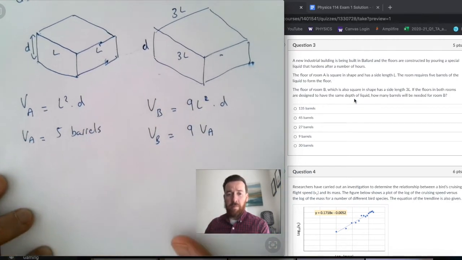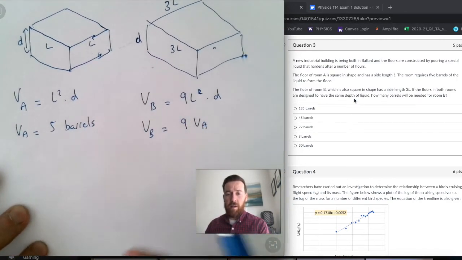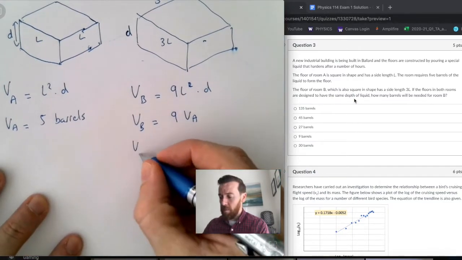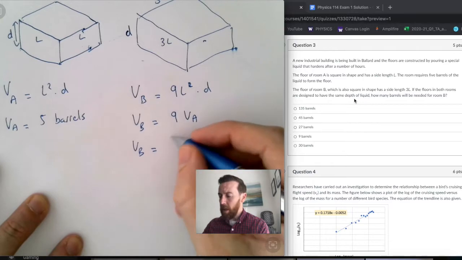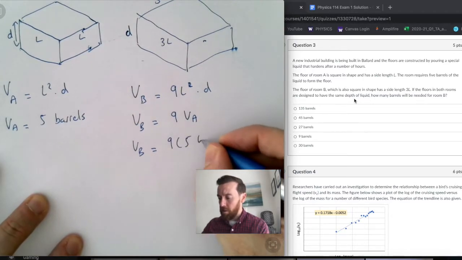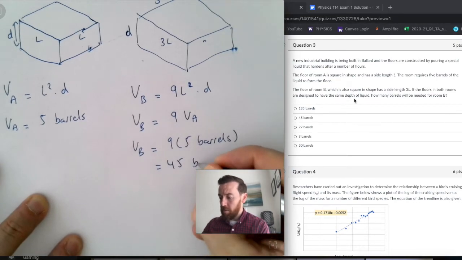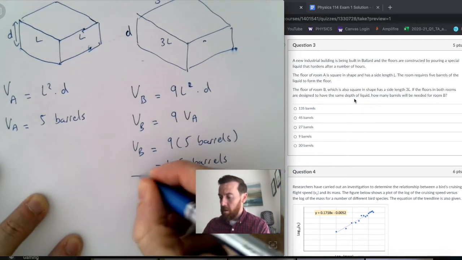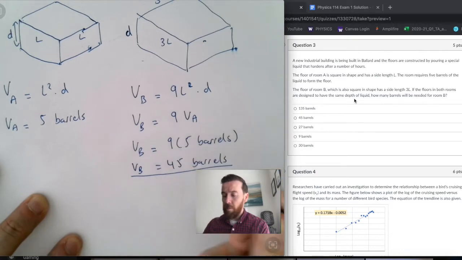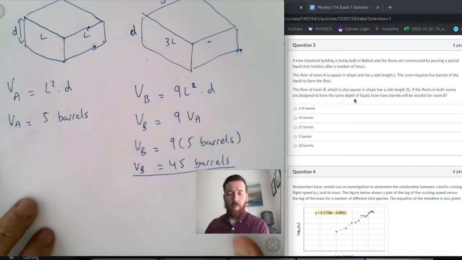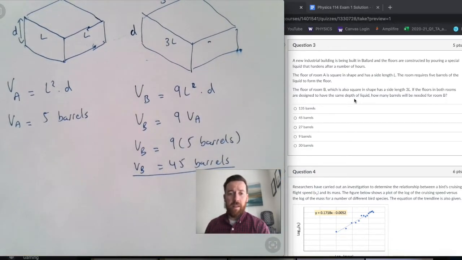We know that room B will require 9 times that volume, so the volume of B is going to be 9 times 5 barrels, which is 45 barrels. So that's the correct answer. The number of barrels we need to form the floor in room B is 45.